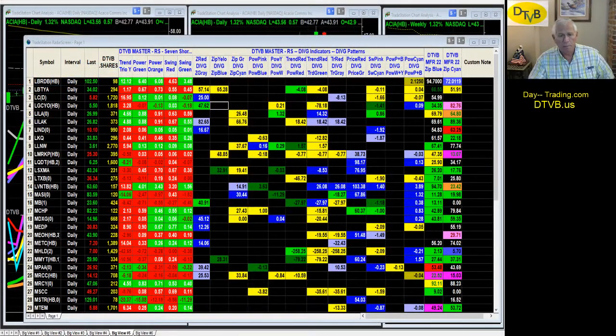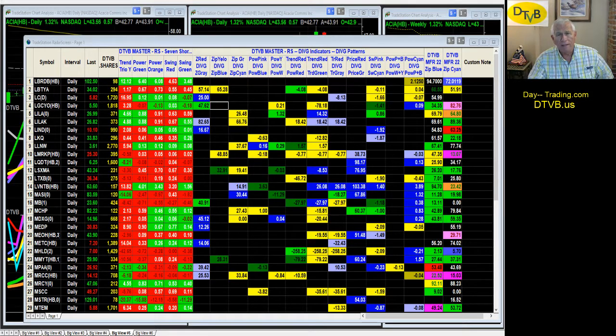Now, when you look at the chart, you can glance at the lines and you can see where they're at, and it takes a while to do that. But I am really excited about the radar screen and its ability to give you information extremely fast.